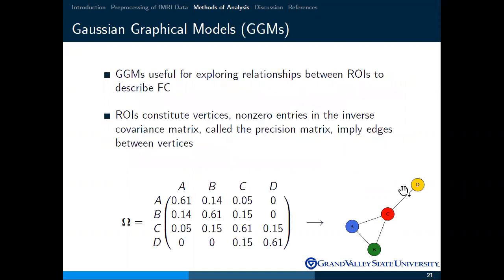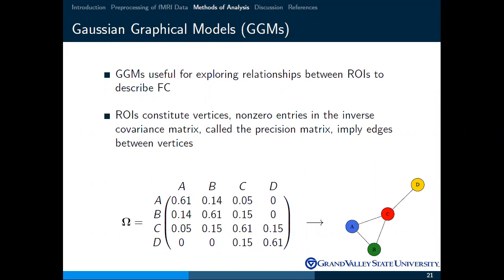And then within graphical modeling, so we've gone into functional connectivity analysis, and then within graphical modeling, the most common approach is to use what's called a Gaussian graphical model. So for a Gaussian graphical model, it proceeds under an assumption of normality for the signals observed across time, which may or may not be reasonable.